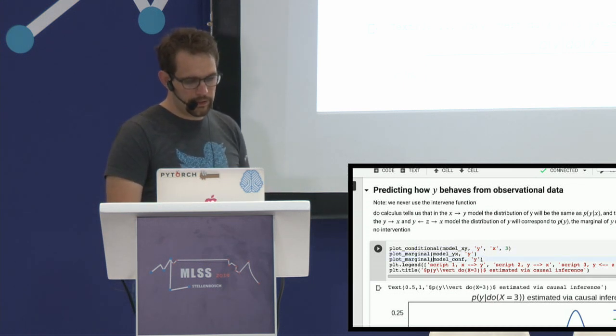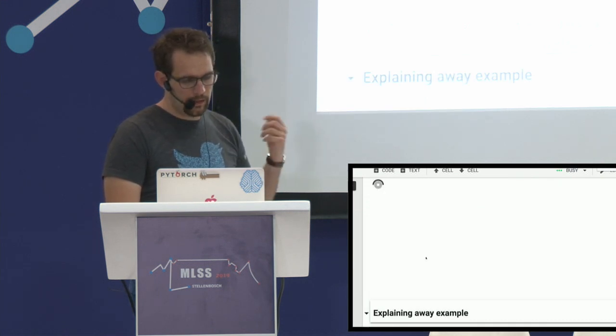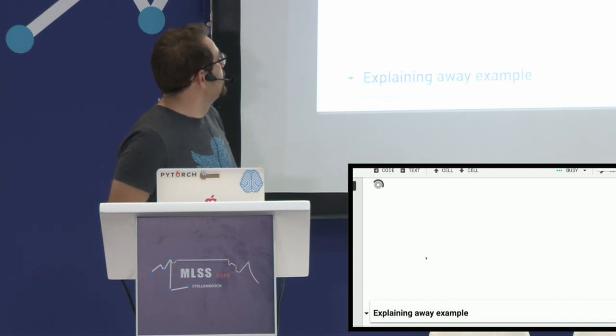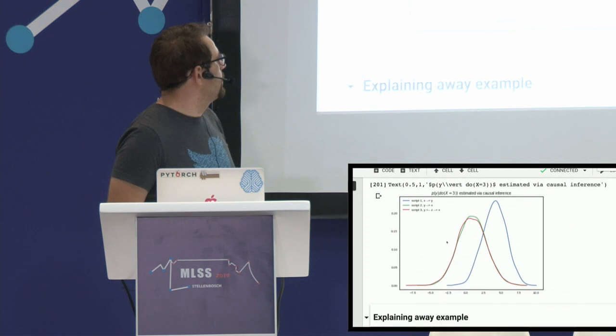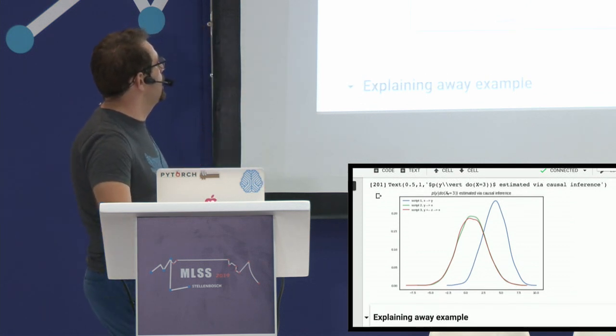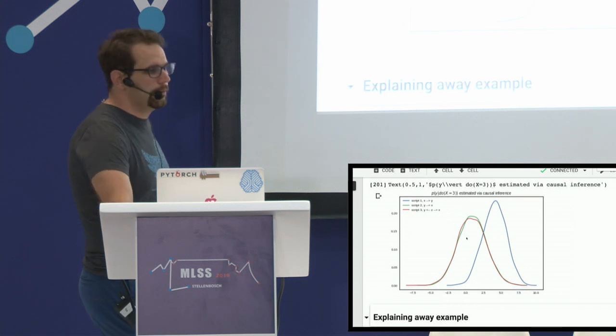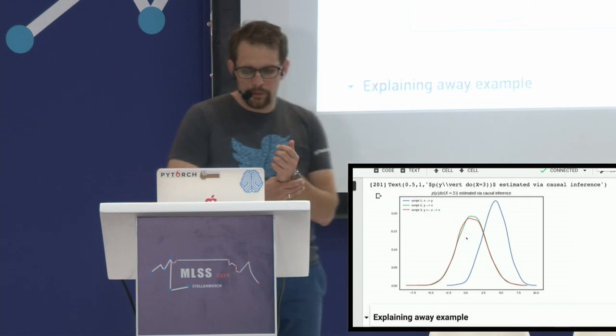Never do any interventions. And I was able to correctly predict, I was able to plot this p of y given do x equals 3 even without actually running the intervention. So that's the full story of that example.